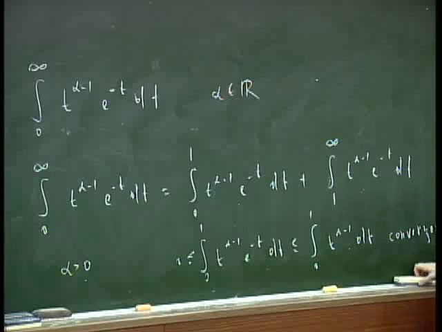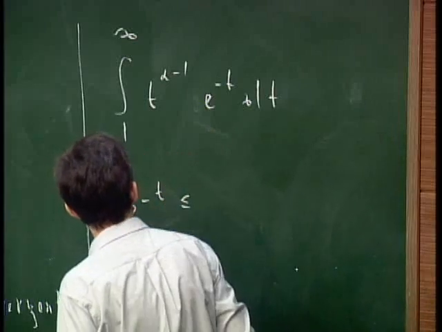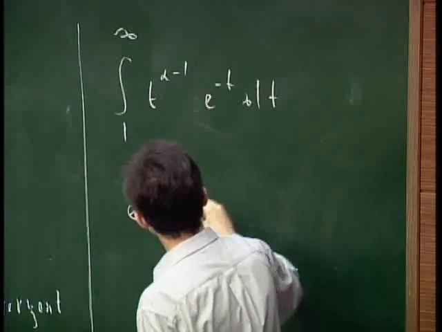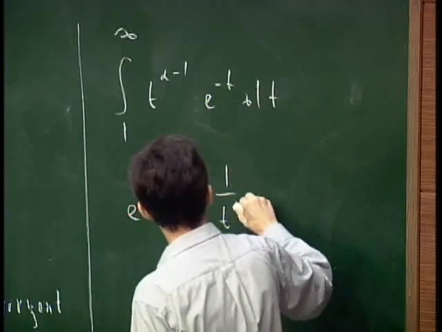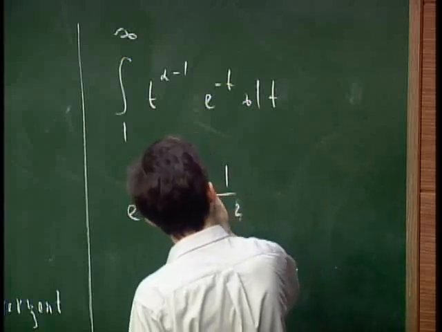Now for this part, we know that if t is large enough, then this function will be smaller or equal than 1 over t to the b, or let's say t, no, it's not a good choice.